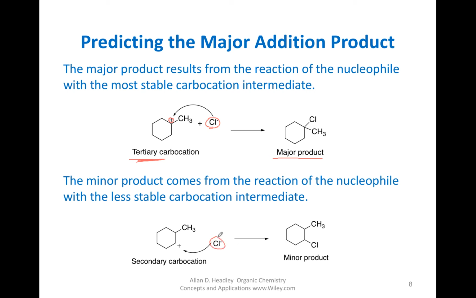The Cl will also react with the secondary carbocation here, but that becomes the minor product. So now it is possible to predict the major product and the minor product based on an addition of an HCl, for example, to an alkene.